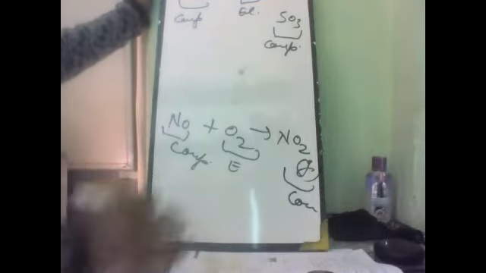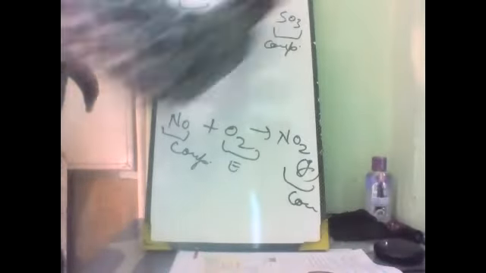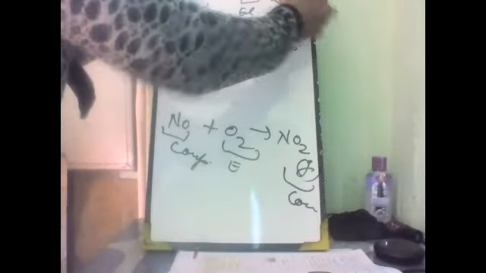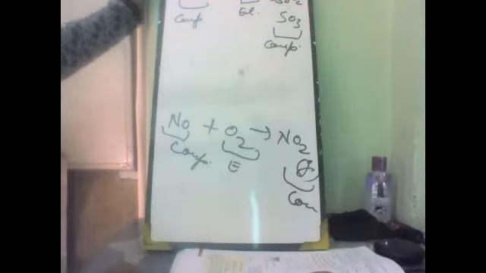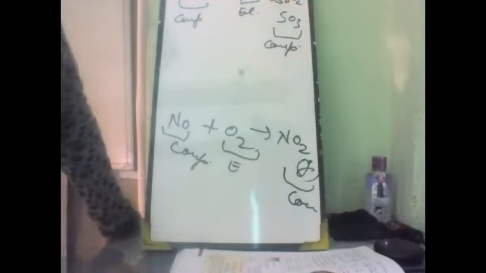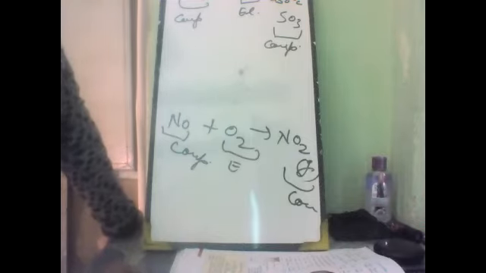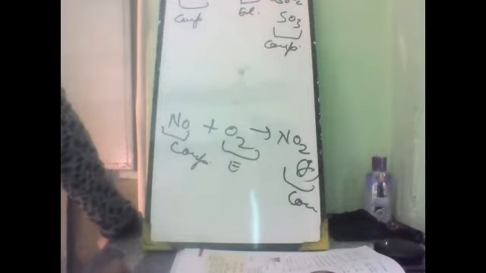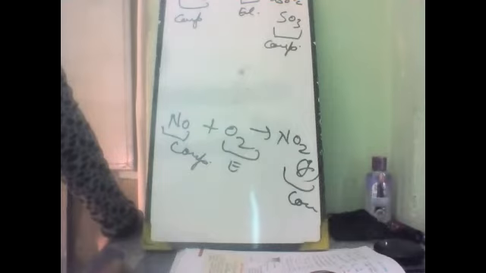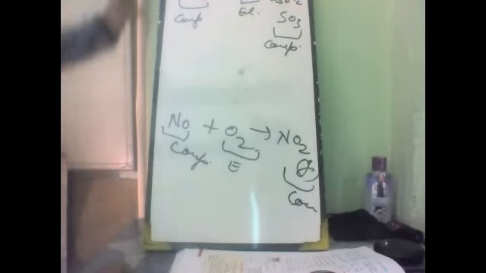A platinum catalyst and a temperature of 450 degrees Celsius are required to complete this reaction. Sulfur dioxide reacts with oxygen to form sulfur trioxide gas at 450 degrees Celsius in the presence of platinum catalyst during the contact process.